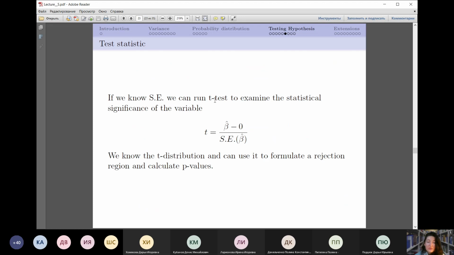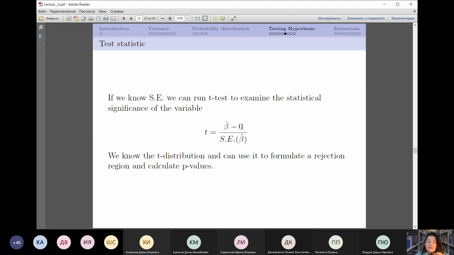So we run a t-test to examine the statistical significance of the variable. And we know that we can use the t-distribution here. And also, when we obtain this t-statistic, we can find the t-critical value and find the rejection regions.